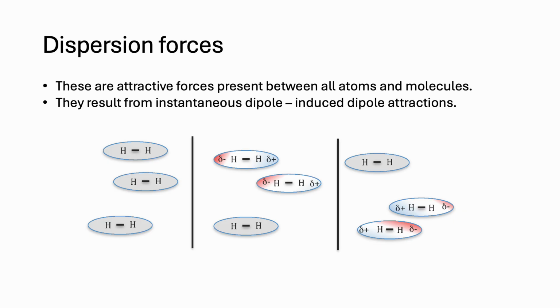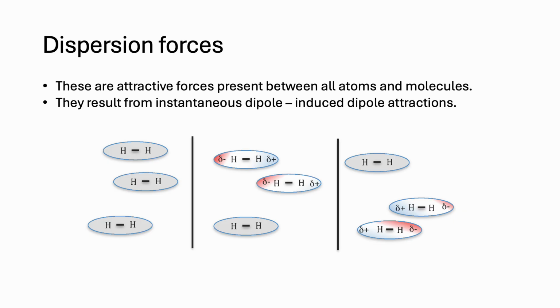The electron cloud of a molecule may fluctuate, and for an instant this creates a very small dipole moment in the molecule. A moment later, the fluctuation changes and the instantaneous dipole disappears. Any dipole in a molecule, however temporary, can induce a dipole in an adjacent molecule, resulting in a slight attraction between the molecules.